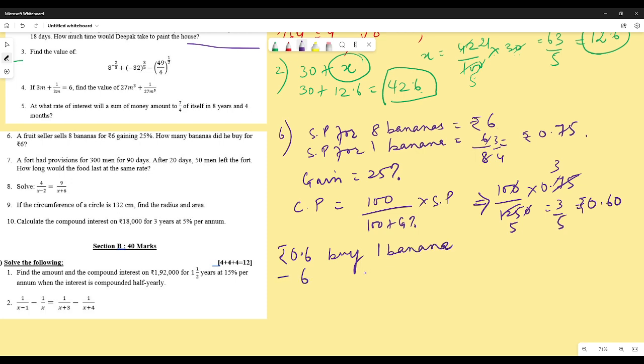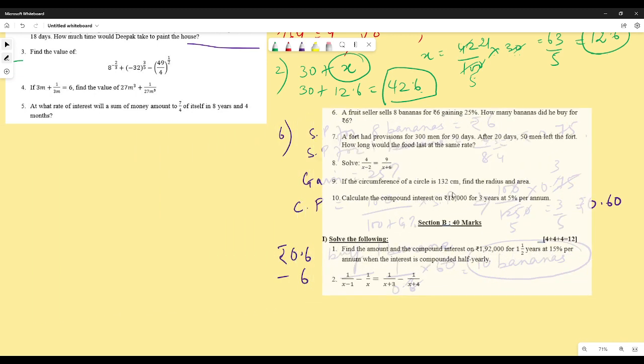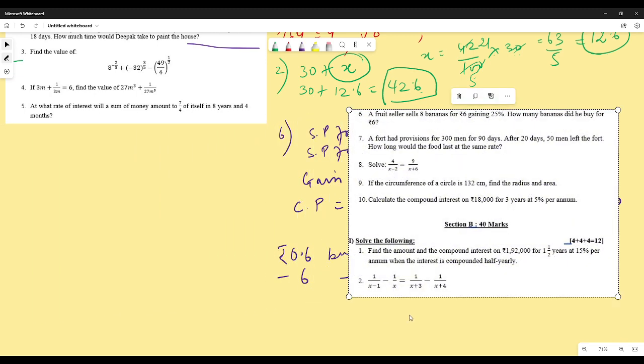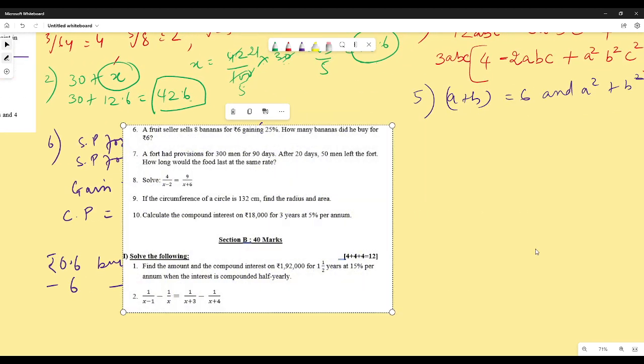So 6 rupees will buy how many bananas? 1 by 0.6 into 6. So we remove the decimal, add a 0, and that gives you 10 bananas. So this should be your answer for this question. Now let us move on to the next one, which is again related to unitary method.